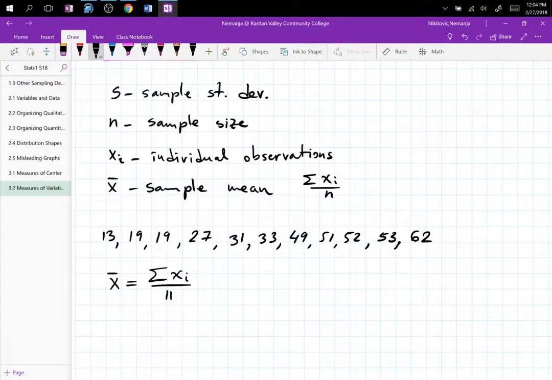Now, for that, take the abacus and add them. So to find the mean, we add all of the values and divide by 11.